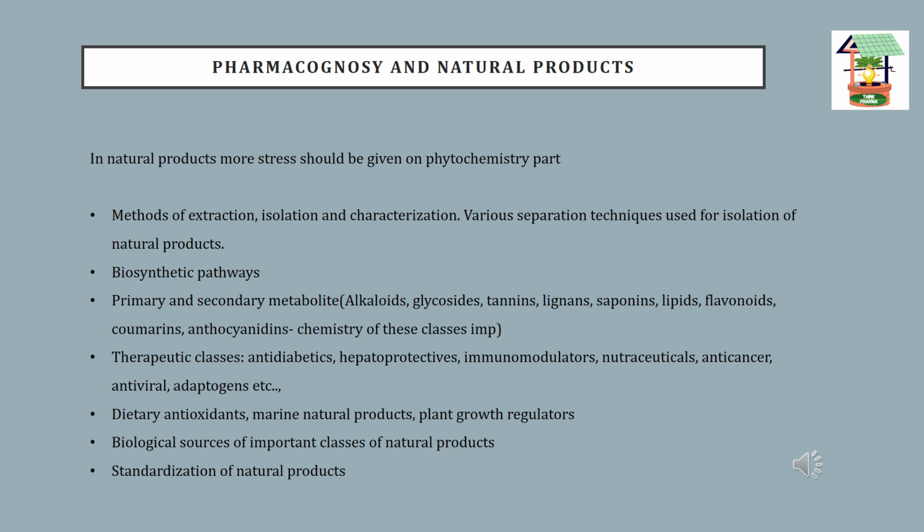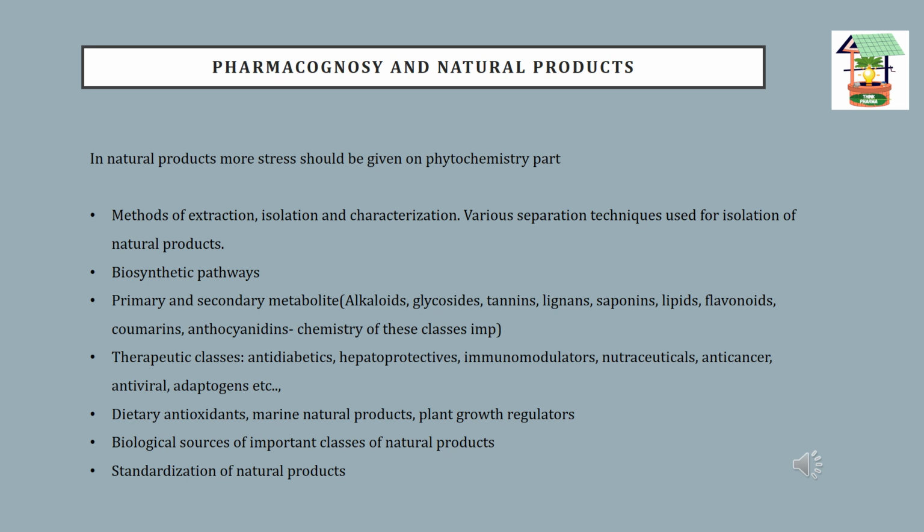And then biosynthetic pathways like amino acid pathway, then malonic acid pathway, and then shikimic acid pathway. These are the pathways we have to cover. And the next, primary and secondary metabolites. So these are the metabolites which were obtained from plants. Like these secondary metabolites: alkaloids, glycosides, tannins, lignans, saponins, lipids, flavonoids, coumarins, anthocyanidins.